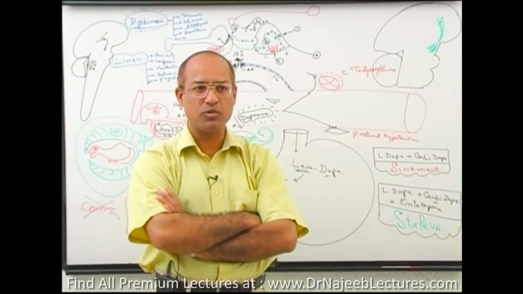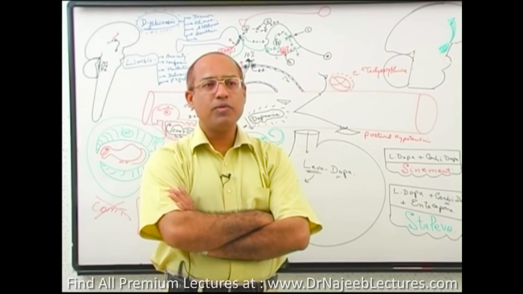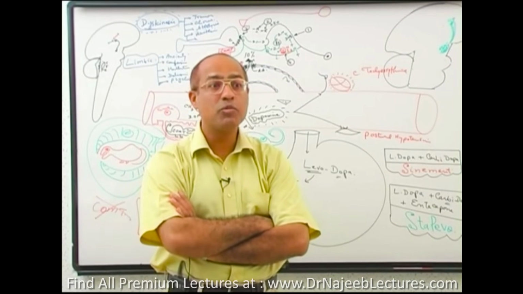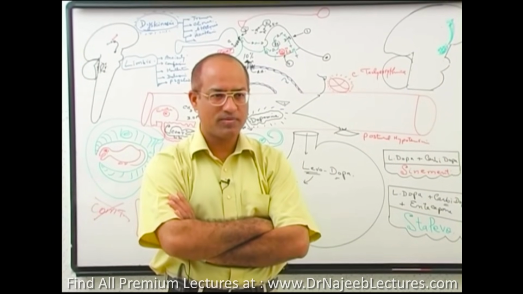And there's another sad piece of news. Some people believe that dopamine in the central nervous system is broken down into metabolites which can further lead to the loss of these neurons.